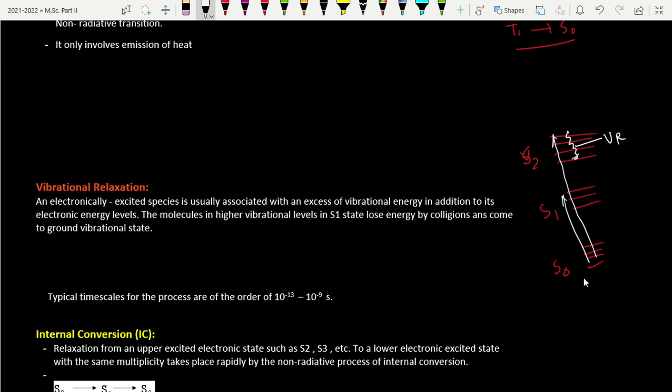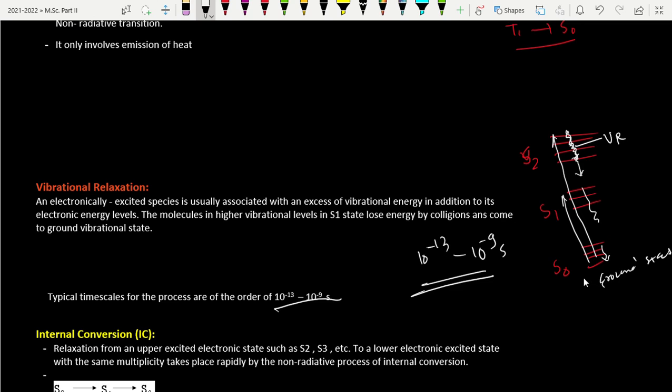So while coming down through S2 to S1 and S1 to S0, they come to the ground state. Typical time scales for this process are in the order of 10 raised to minus 13 to 10 raised to minus 9 seconds. So this vibrational relaxation occurs in this time span.